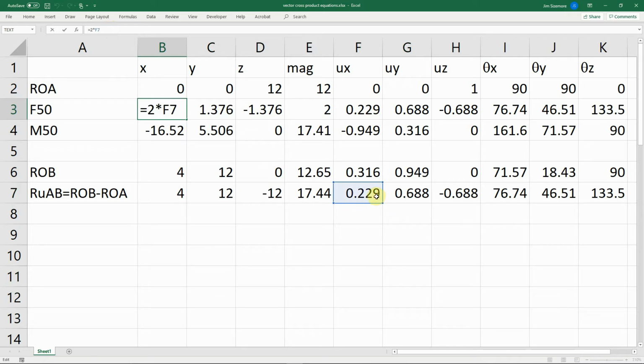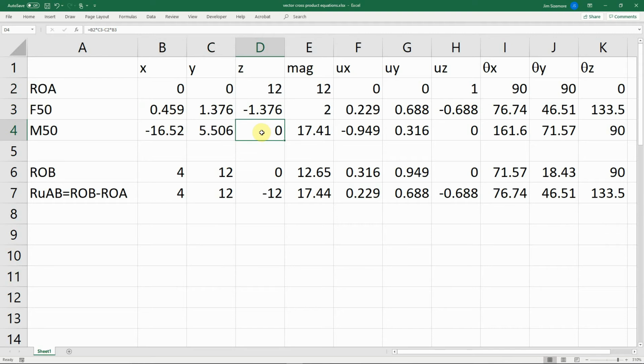The x component of the unit vector times the 2 kilonewton force gives us the vector force along the cable. This is the unit vector along that cable from A to B. So we get the force along that cable. And then this is, I already showed you the formulas for this calculation. Negative 16.5, positive 5.5, 0 z-axis moment.